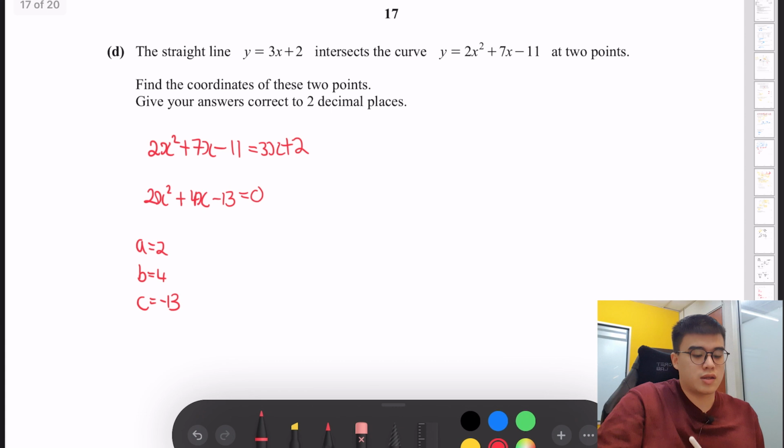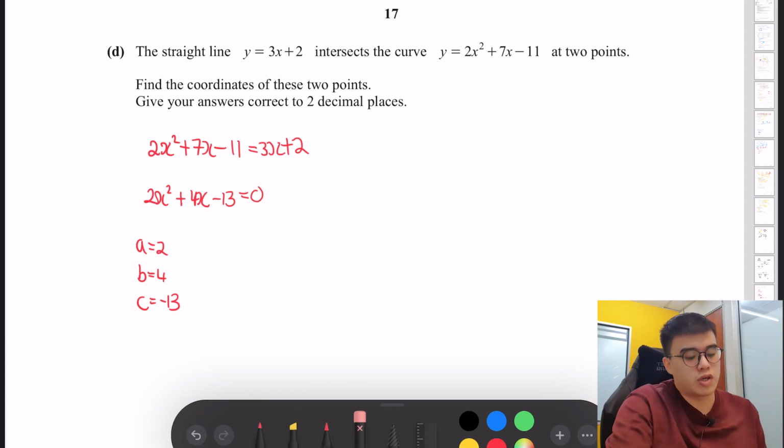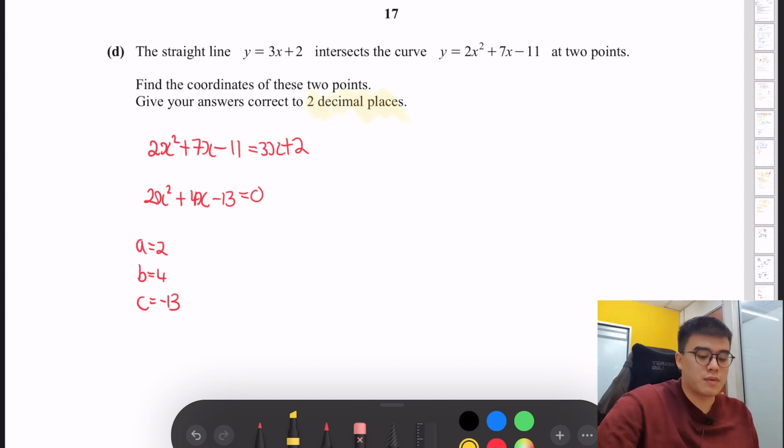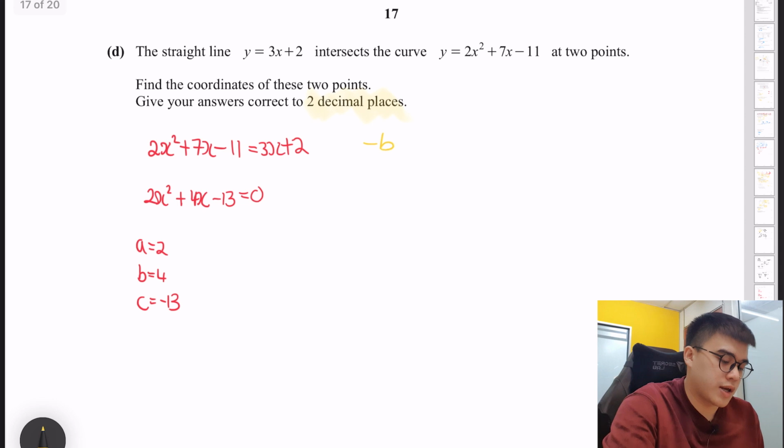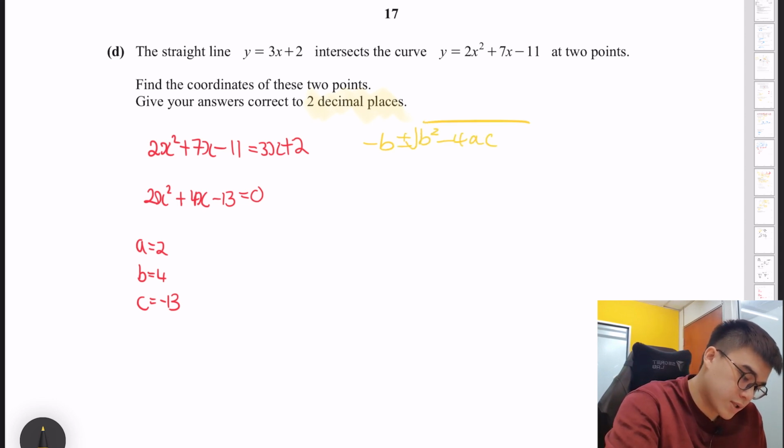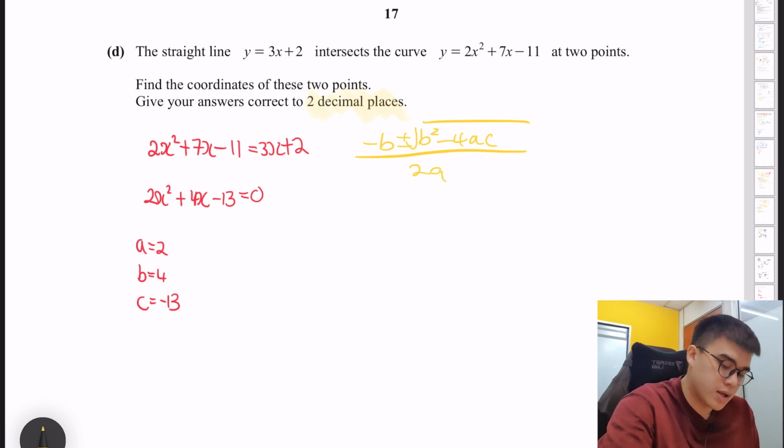The key indicator for me to use the formula is because they ask for 2 decimal places. So through the formula, negative b plus minus square root of b squared minus 4ac over 2a, sub in all the information.